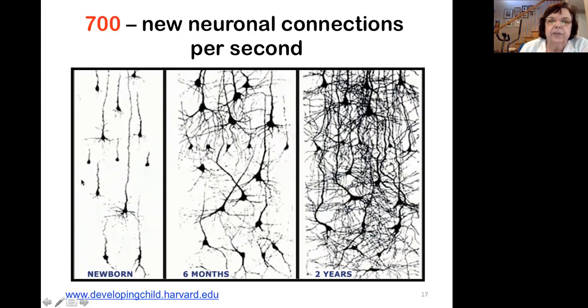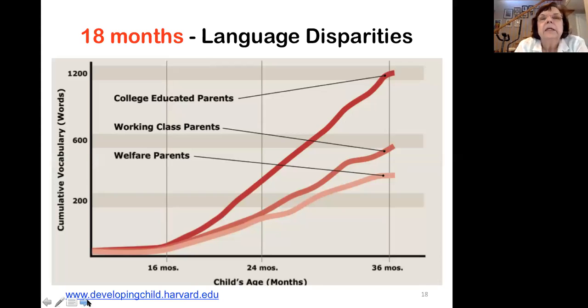You interact with the environment, and that stimulates this proliferation of connections. If you don't have interaction with the environment, this proliferation does not happen. So it's very important that a child have positive interactions with the environment.